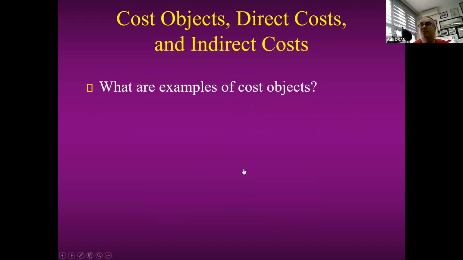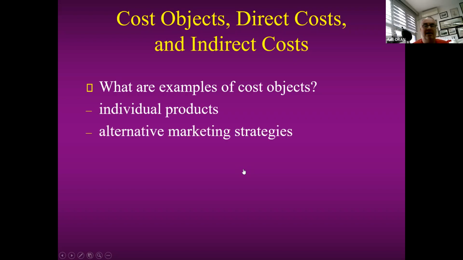Okay, so what are some common examples of cost objects? Well, as I said before, individual products. How much does it cost to produce 1 unit of this is the most typical one. But you might compare, for example, if we advertise this in newspapers, how much is it going to cost? If we advertise this on television, online, or on billboards, these are all alternatives.